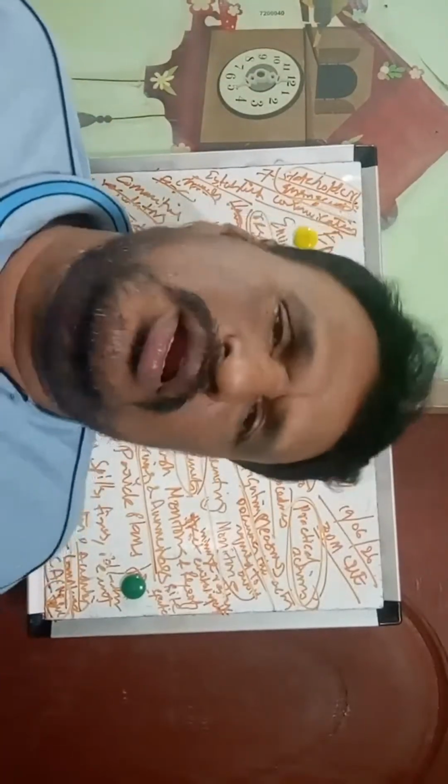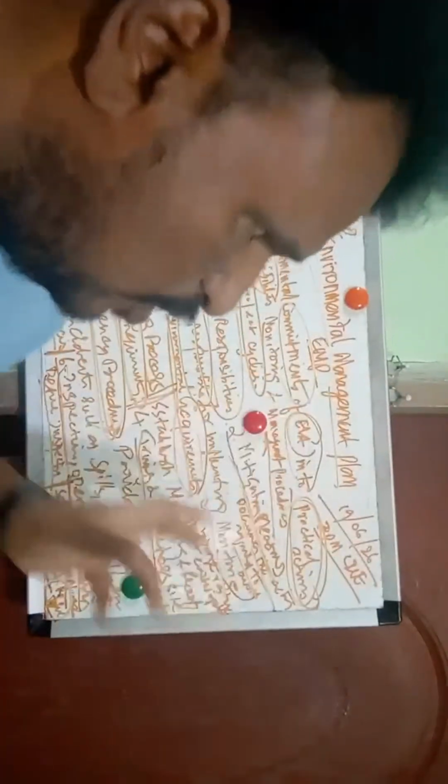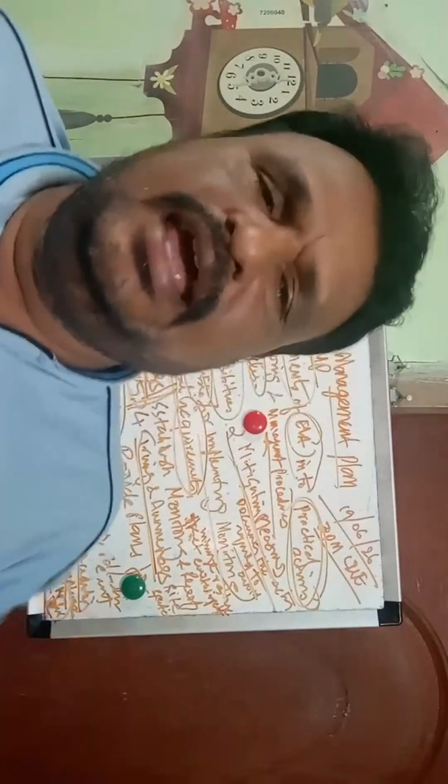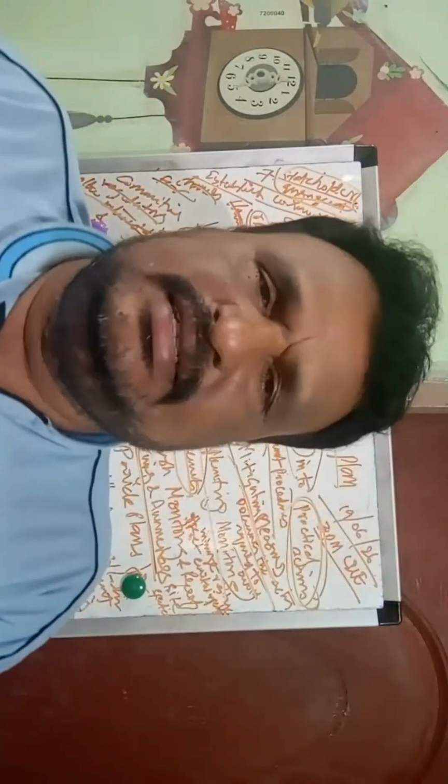So being a safety officer, HSE officer, safety manager, whoever, I think you will definitely get broad knowledge about the environmental management plan. This is the continuation from the environmental impact assessment, that is EIA, to EMP. So you have to understand that.